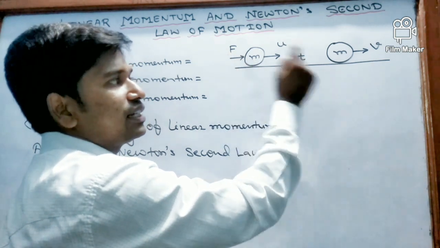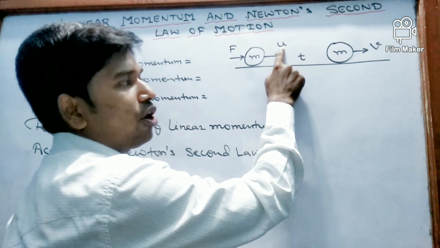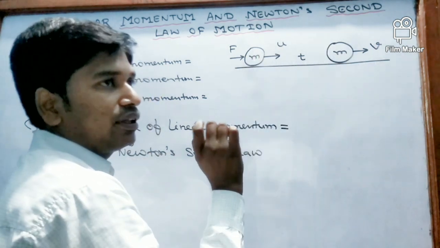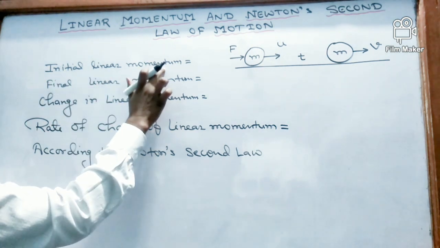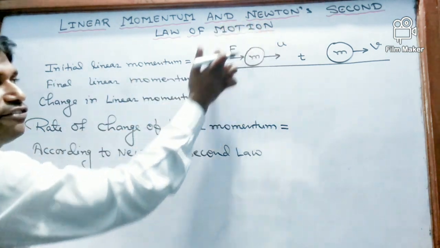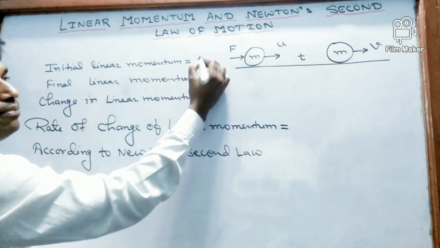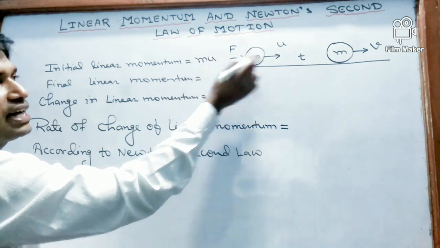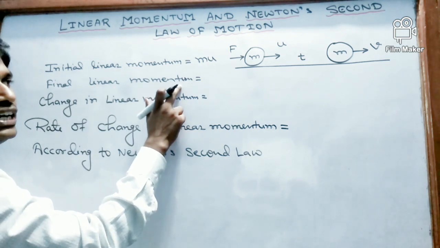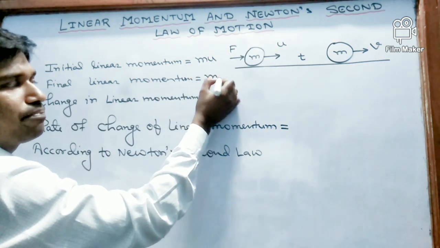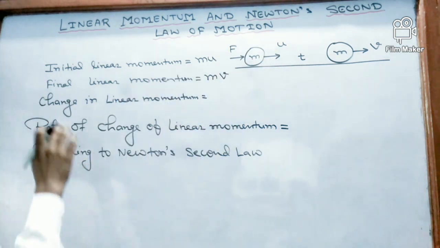Due to this force, the velocity changes from u to v. Now, if we calculate its initial linear momentum, that is, in the first state what was its linear momentum, we can write the product of mass and velocity, mu. Similarly, its final linear momentum is mass into velocity, mv.